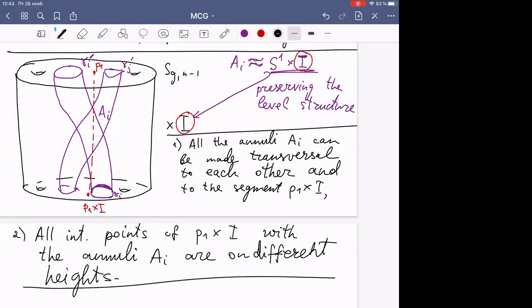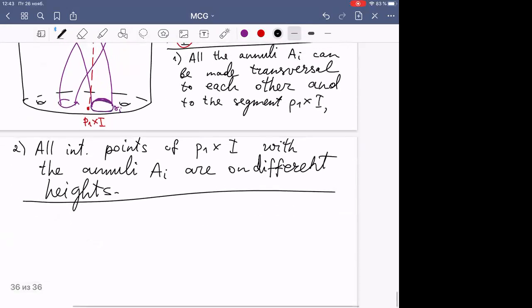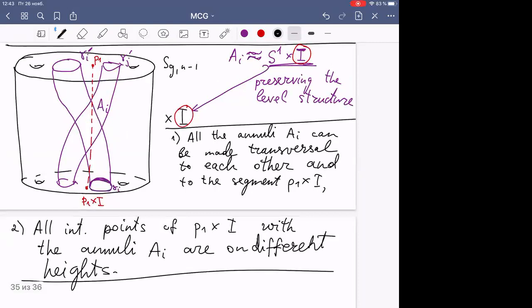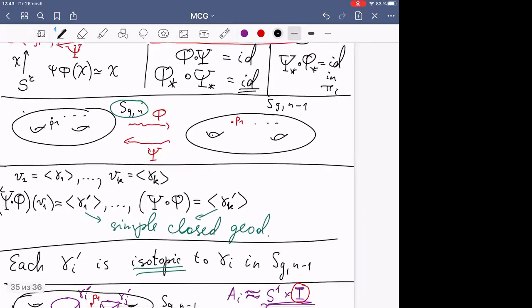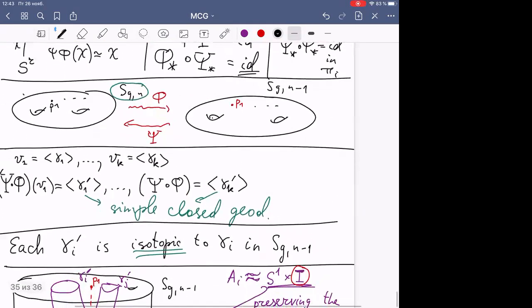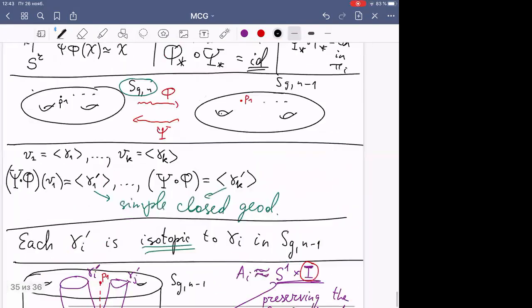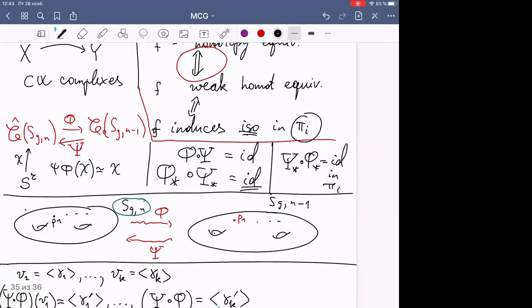Okay, but now, these cylinders, these annuli A_i, can intersect each other, and the picture can be rather complicated. Note that the curves gamma_i are not necessarily disjoint.